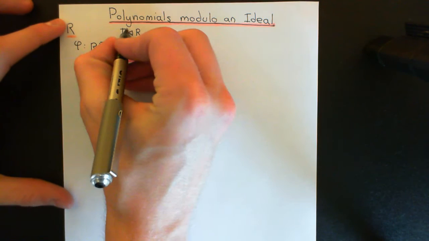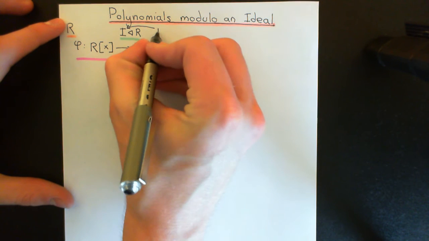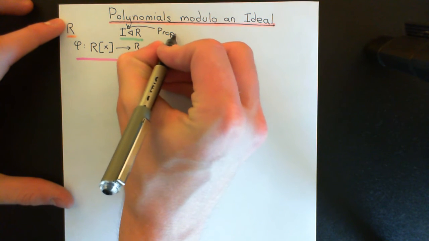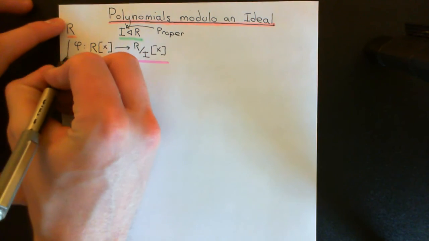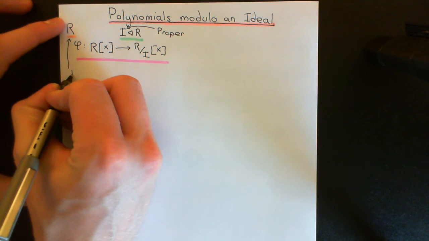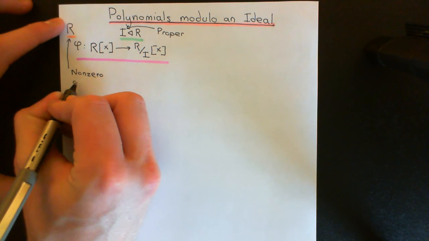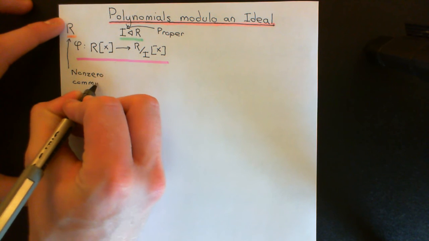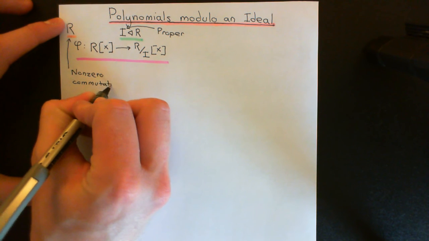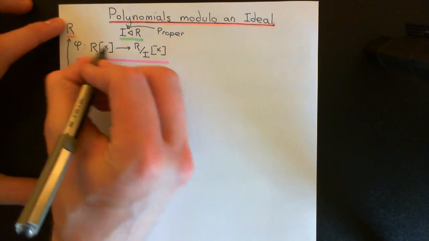So let me just add a few little notes on here. I is a proper ideal here, that's an important point, and of course we're assuming that R here is a non-zero commutative ring. The first thing that I want to do is make this mapping phi precise.